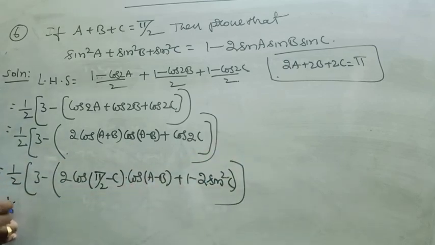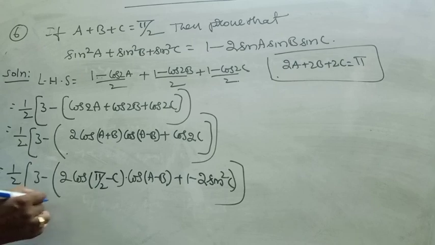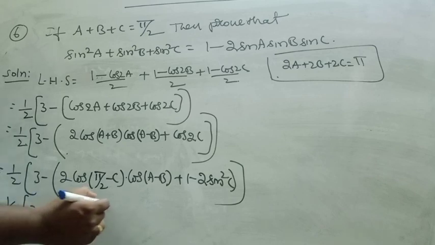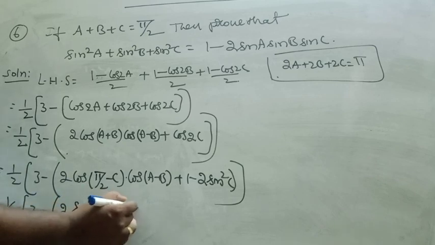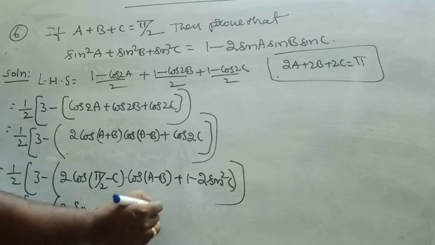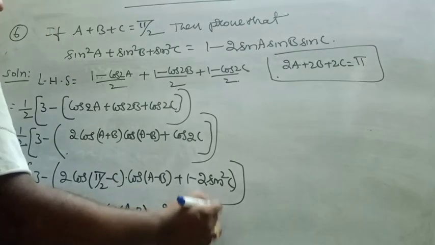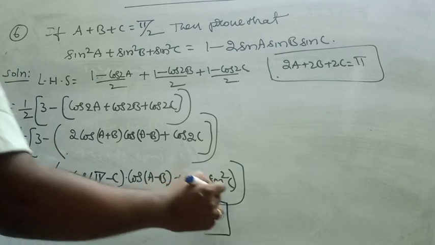Now this is 1 by 2 into 3 minus of cos (90 minus c), which is nothing but sine c, so 2 sine c cos (a minus b) minus 2 sine square c plus 1, like this, right?